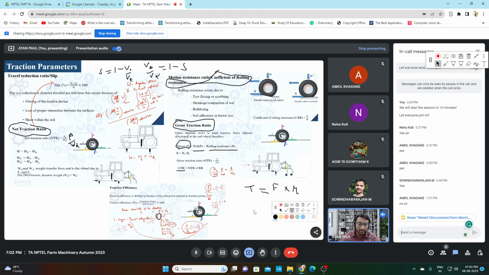So what is the coefficient of rolling resistance? It is rolling resistance divided by the dynamic weight that is coming on the tire. That is your second traction parameter.